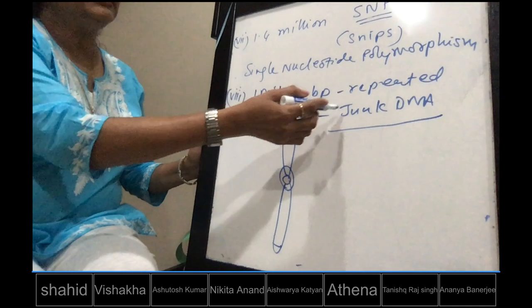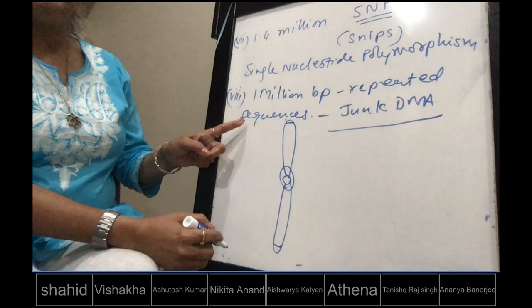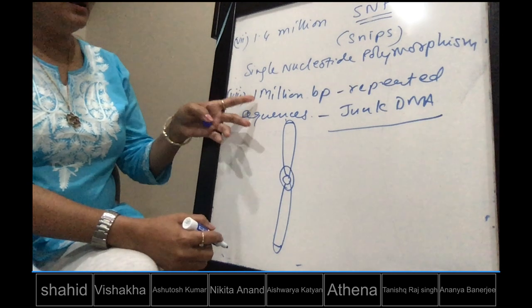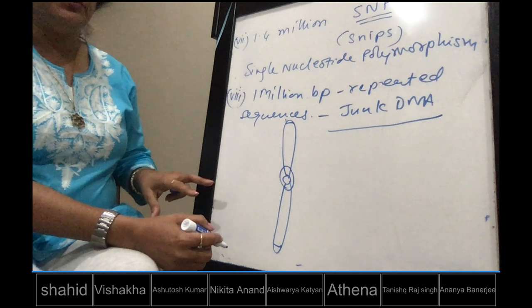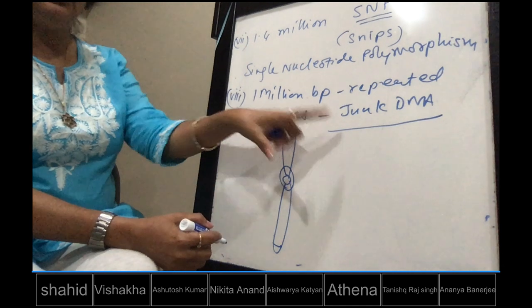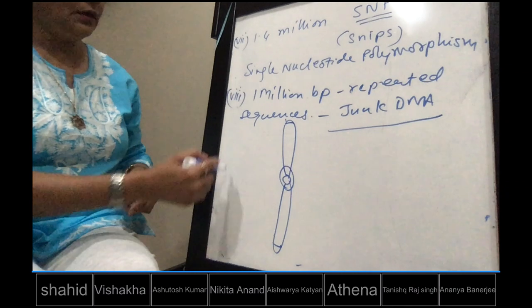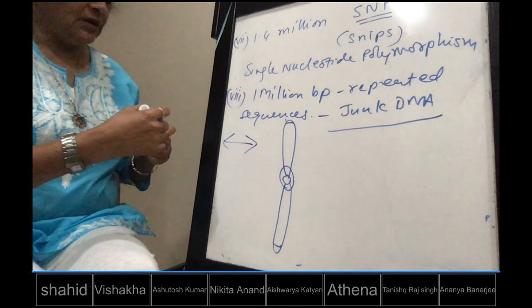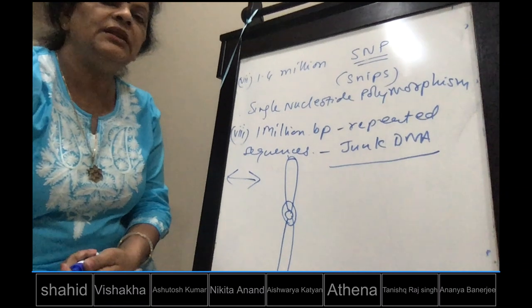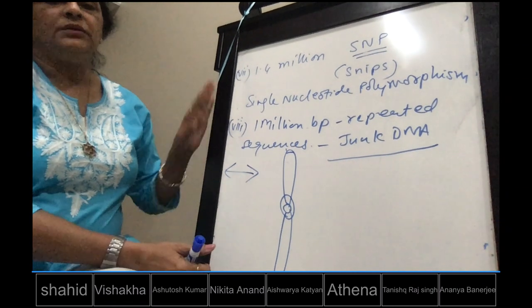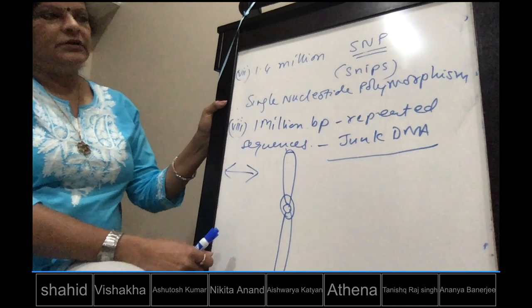So the junk DNA, repeated sequences of DNA, about 1 million base pairs like this in our human genome, are called junk DNA. So this is about 8 points you have to write for the salient features of the Human Genome Project.